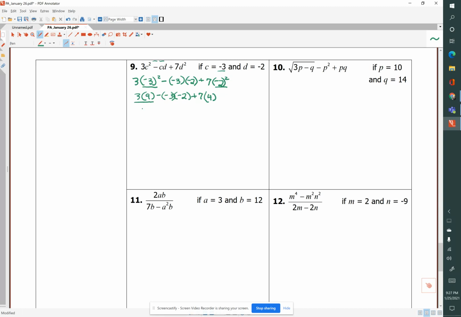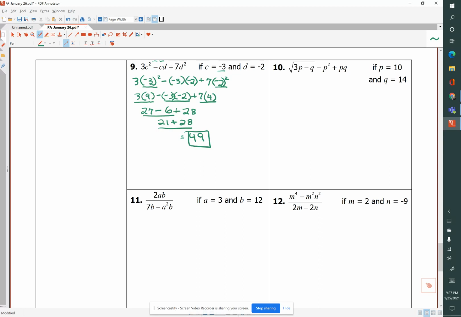We have 3 times 9, which is 27, minus -3 times -2 is a positive 6, plus 7 times 4 is 28. So 27 minus 6 is 21, and 21 plus 28 is 49, our final answer.